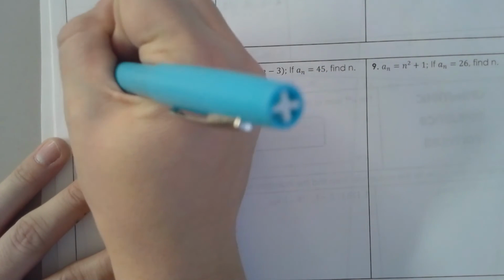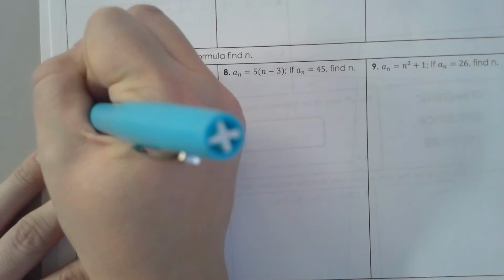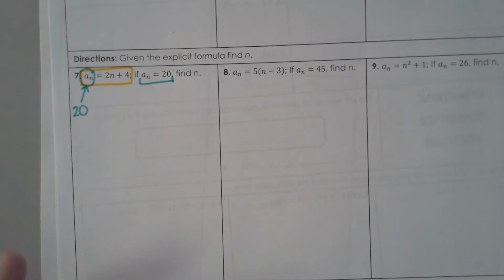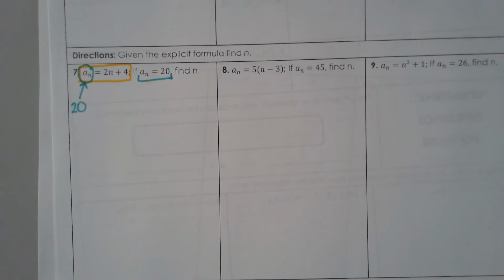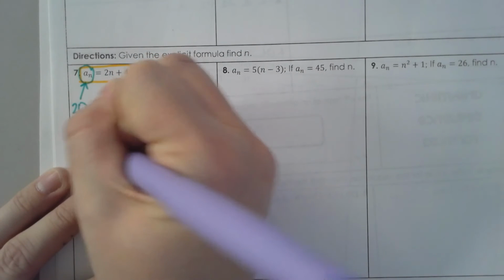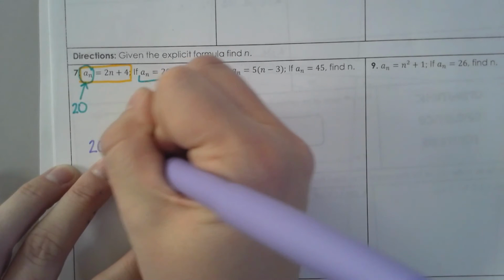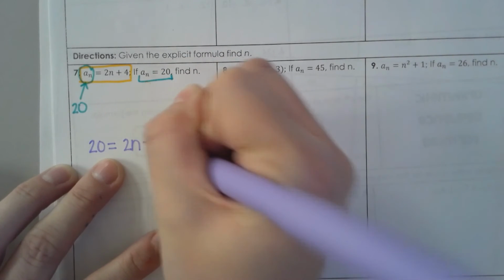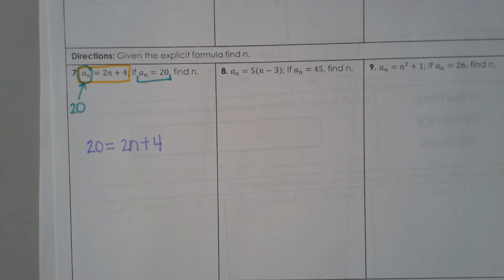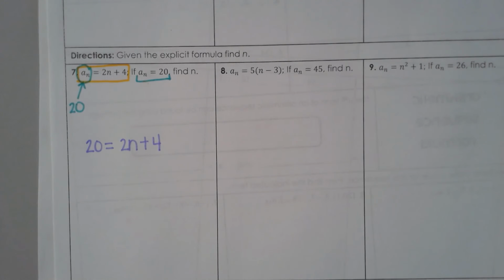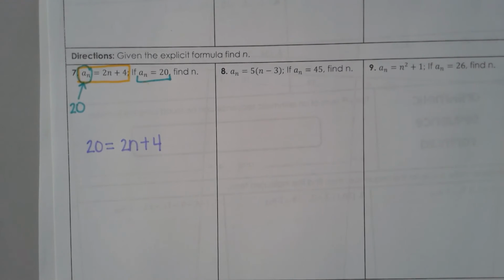So we're going to replace the whole A(n) with 20. And so I write this as 20 equals 2n plus 4. So I know 20 is one of the numbers in the list, and I'm trying to find how far down the list it actually is.